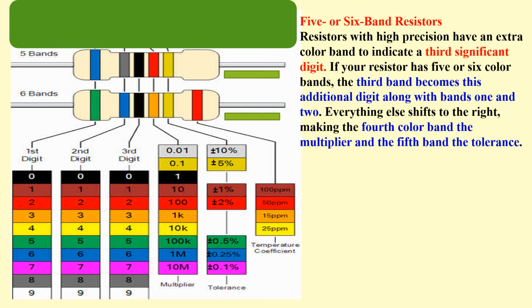The 5 or 6 band resistors. Resistors with high precision have an extra color band to indicate a third significant digit. If your resistor has 5 or 6 color bands, the third band becomes this additional digit along with bands 1 and 2.